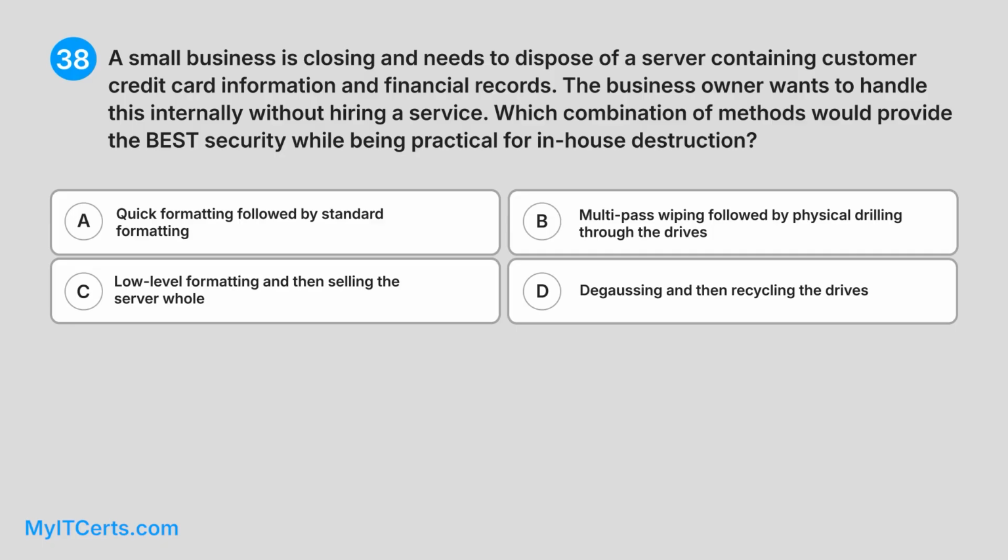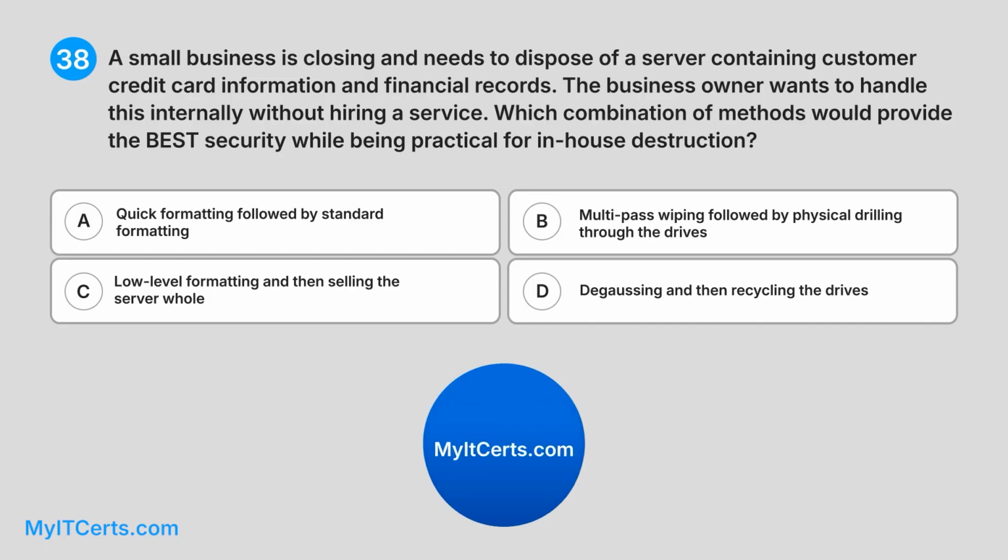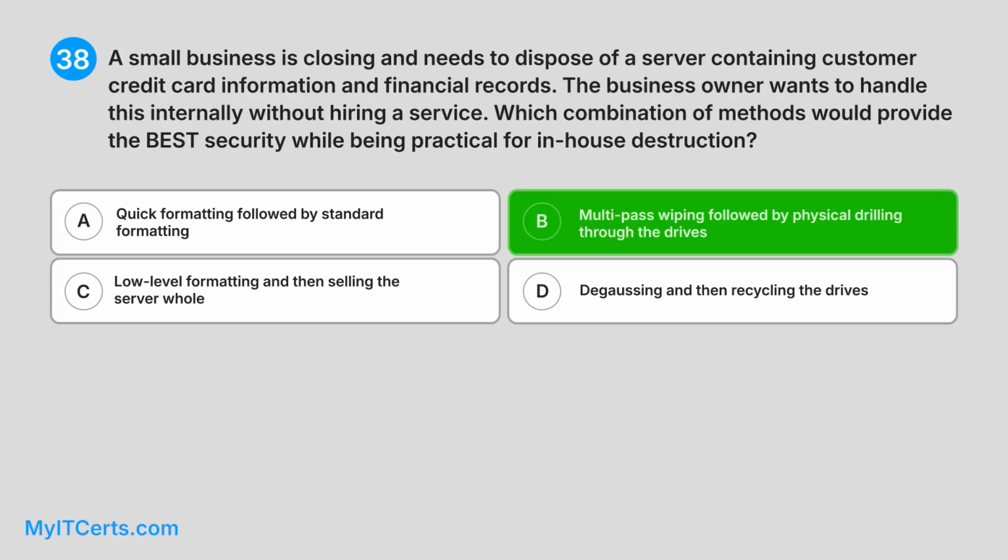B. Multipass wiping, followed by physical drilling through the drives. C. Low-level formatting, and then selling the server whole. D. Degaussing, and then recycling the drives. Can you guess the answer? Correct answer, B. Multipass wiping followed by physical drilling through the drives.